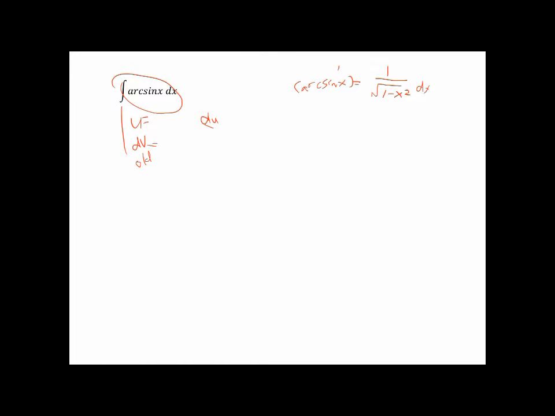If I find dv, I'm gonna do the antiderivative, right? So I surely want to put this arcsine into the u position. So I say u equals arcsine x, and then du, I can apply my formula, which is 1 over square root 1 minus x squared dx.